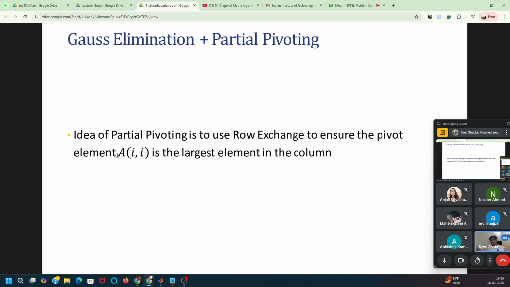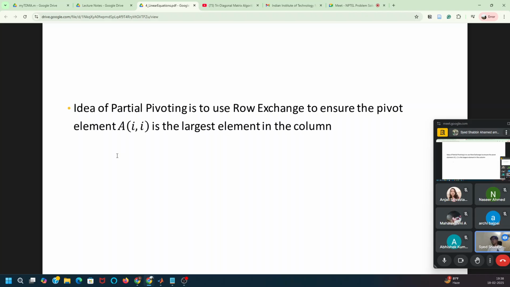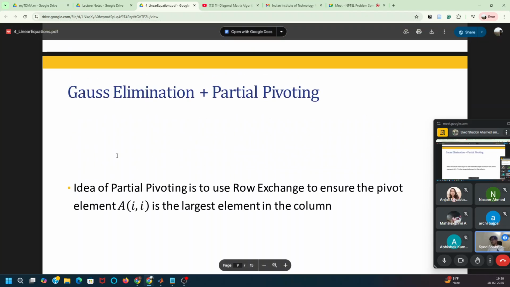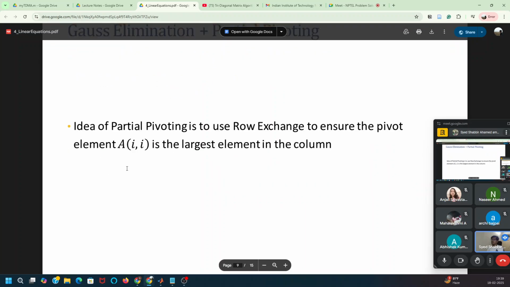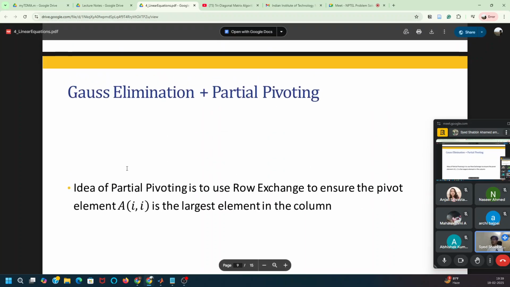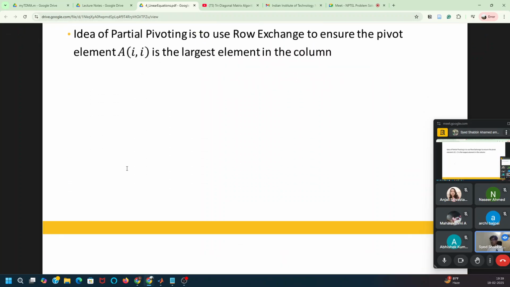In the first row the first element is the pivot element, in the second row the second element is the pivot element. It ensures computational stability. If you don't do partial pivoting, your solutions might diverge and you can get abrupt solutions. So for computational efficiency, we are going to use Gauss elimination along with partial pivoting.